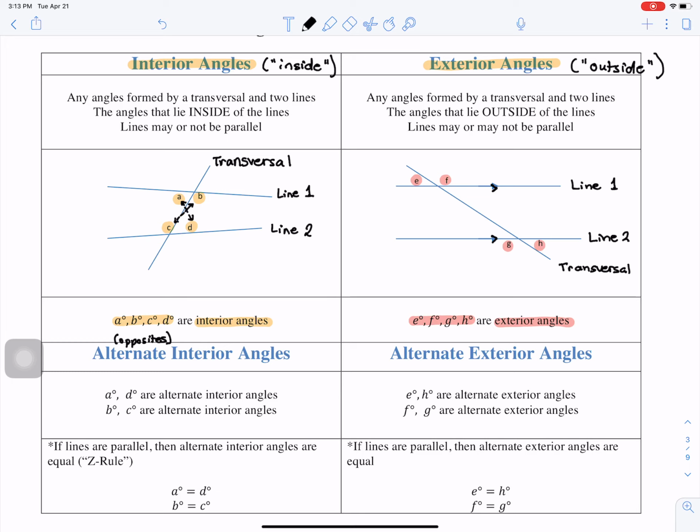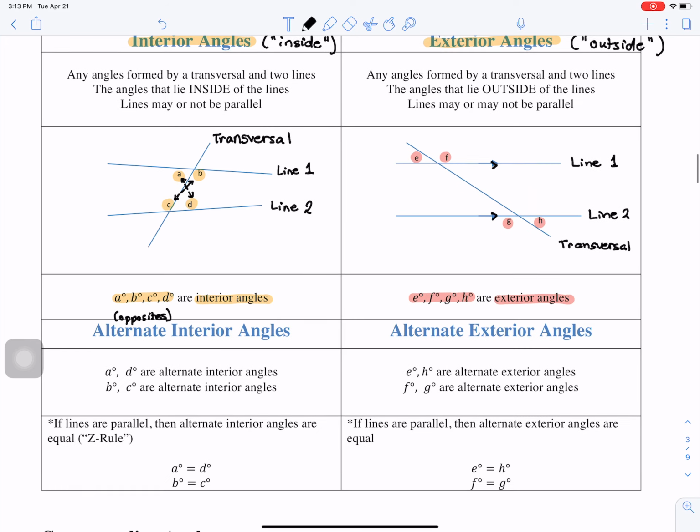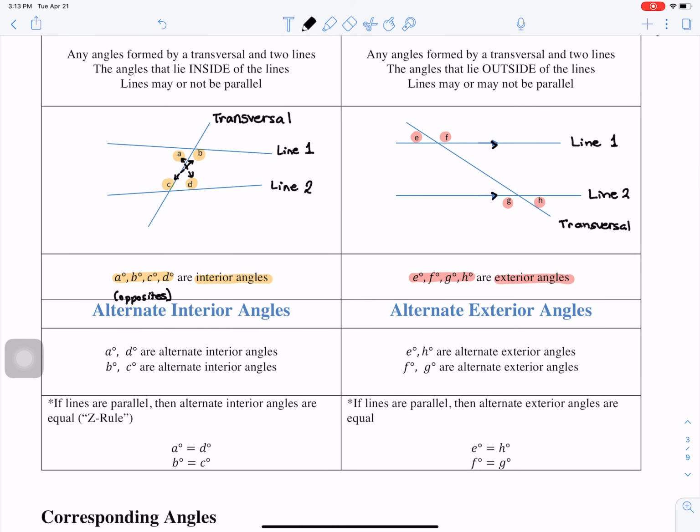Those are called alternate interior angles because they lie below and above line 1 and line 2 respectively. And then when I look at E, F, G, H, E and H are opposite, and F and G are opposite, so we call those alternate exterior angles. So there's alternate interior, alternate exterior, and then interior and exterior angles.